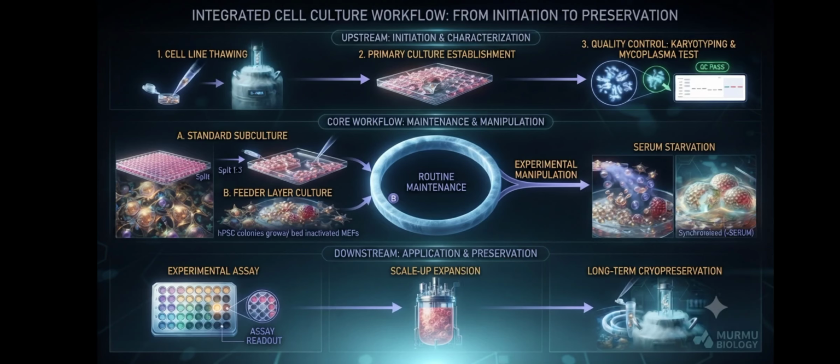So these are the applications. And tissue culture, integrated cell culture workflow. You can see the cell is thawed. Cell is thawed means the cell is defrozen from the cryopreservation.